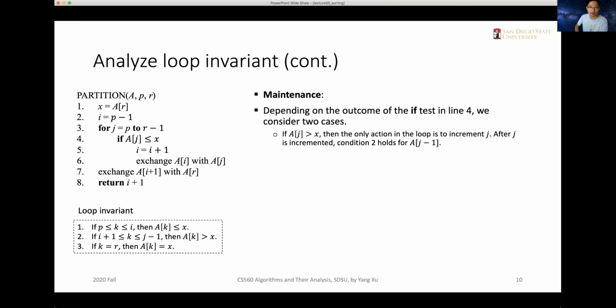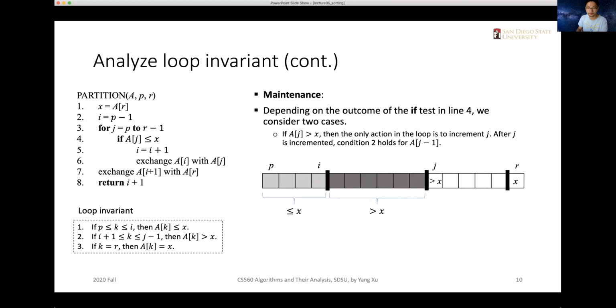The first case is that the current element is greater than the pivot. Then nothing will be changed other than the incrementation of the loop counter j. For example, if aj here is greater than the pivot x, we will just move this little black bar to the right of it, and no switch will happen.